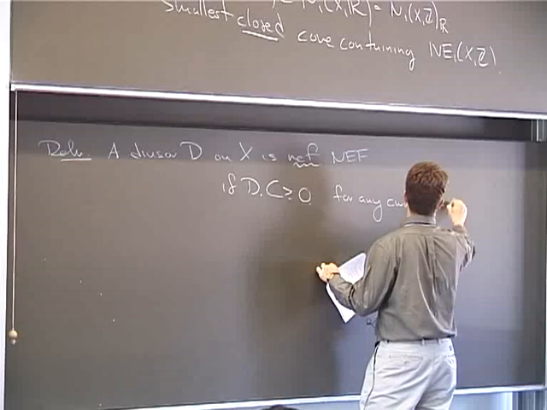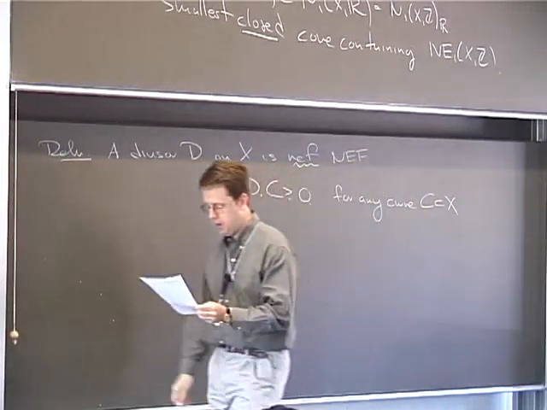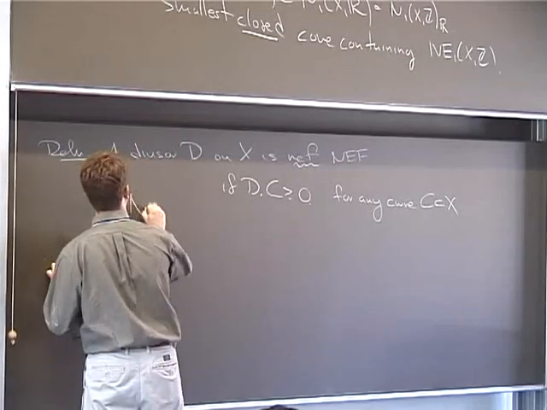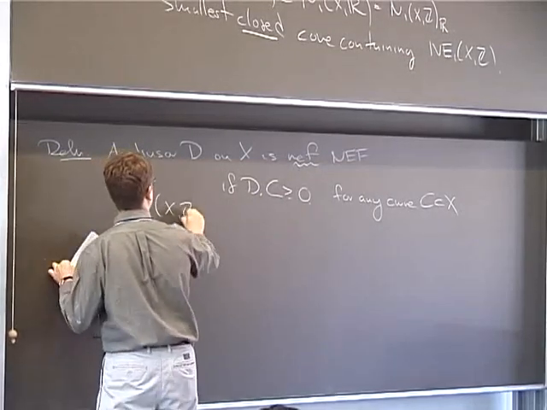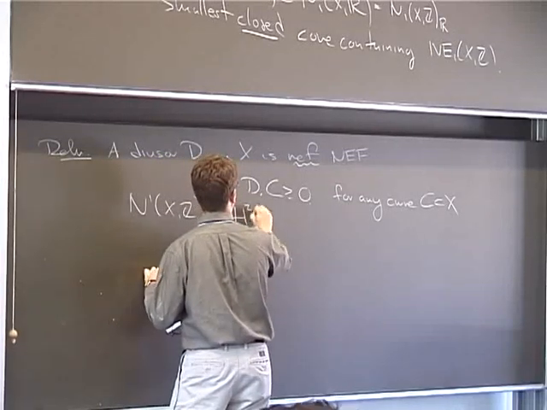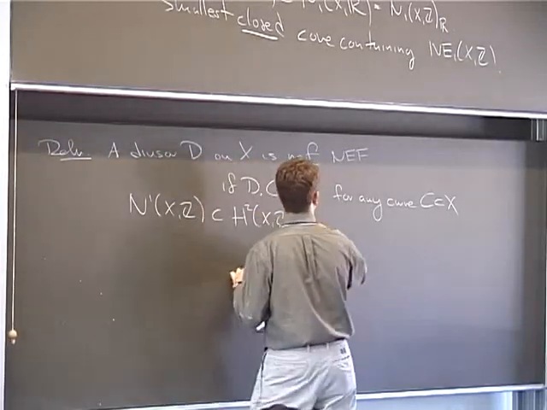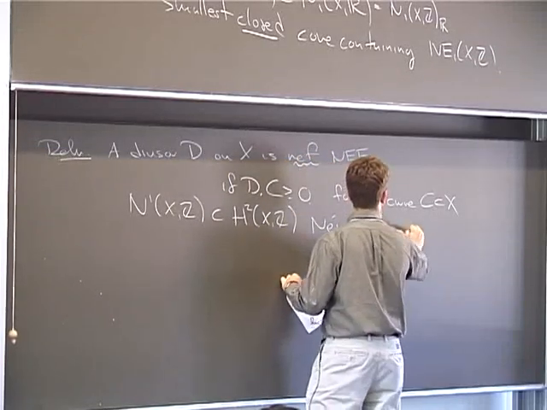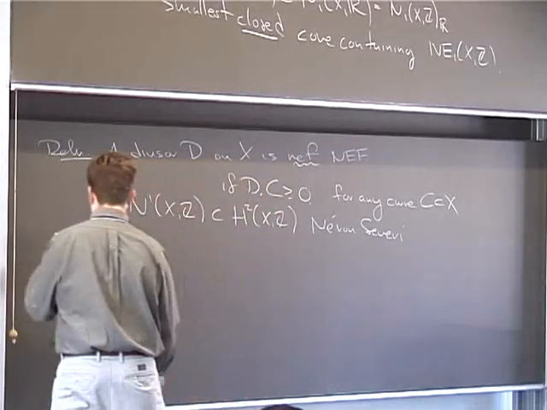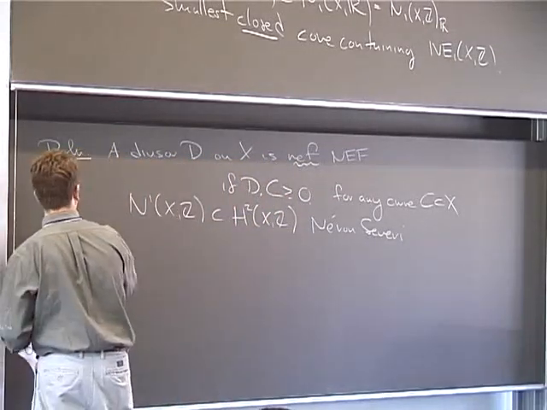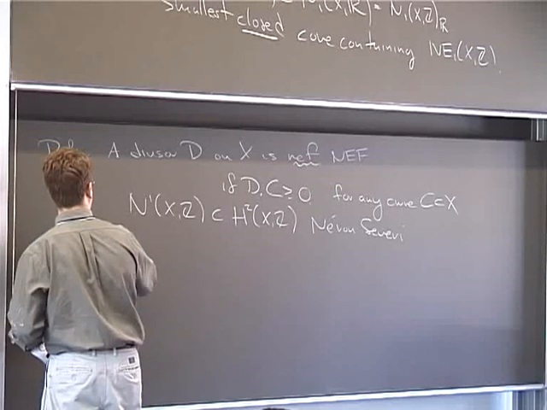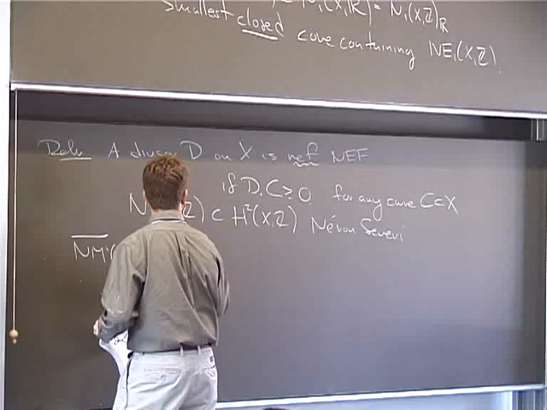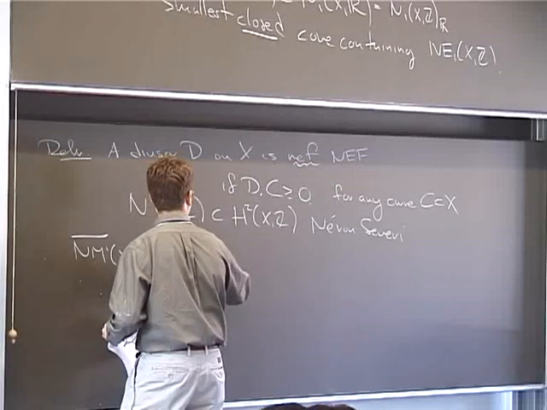Now, we also have the Néron-Severi lattice inside of H^2, and I can look at the NEF cone inside of the corresponding real space.